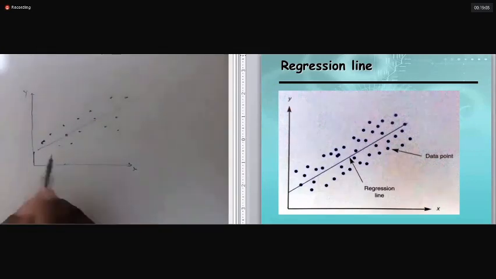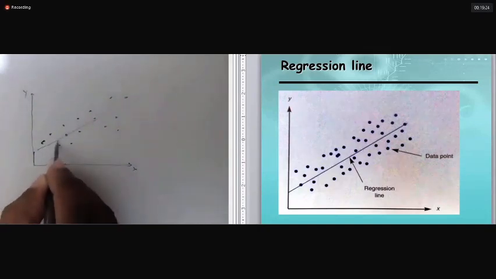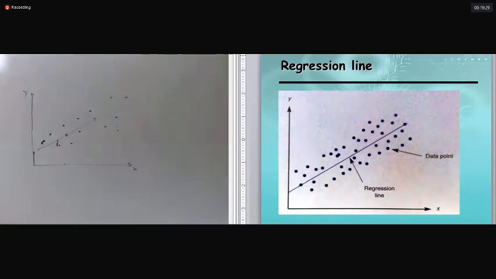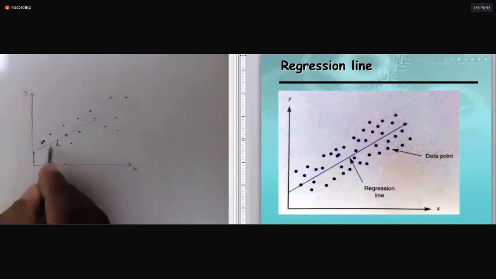If I take this point, for example, this line does not actually represent this point. There is a deviation. So this is the deviation.